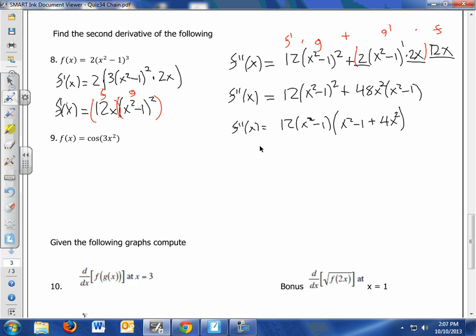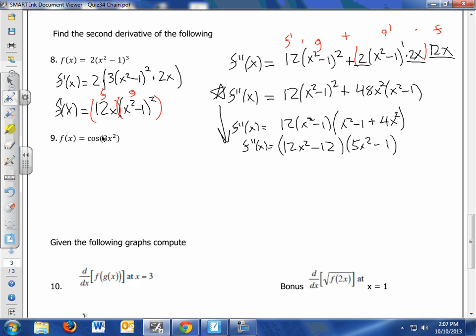And then if we wanted to, I could simplify a little bit more. Go ahead and distribute that 12. And go ahead and combine your 4x squared with your x squared. That's 5x squared minus 1. Okay? So this is the derivative. This would be simplified. Up to you.